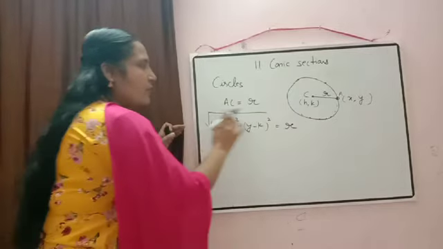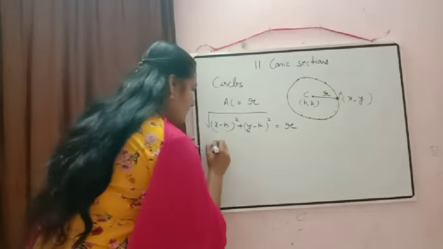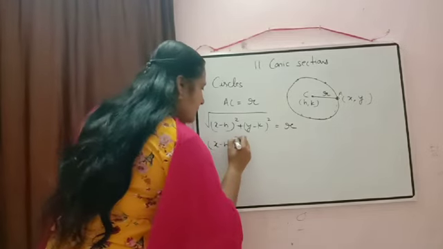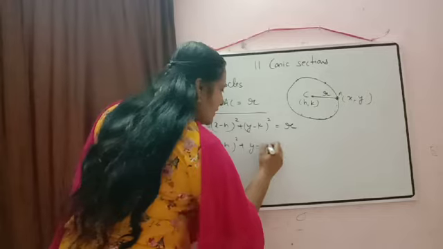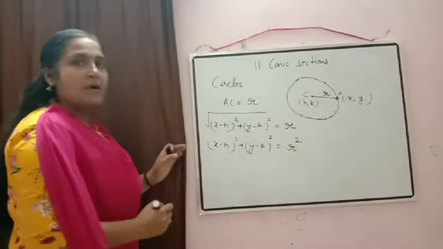Now to avoid the square root, what will we do? Squaring both sides, what do we get? x minus h the whole square plus y minus k the whole square is equal to R square.